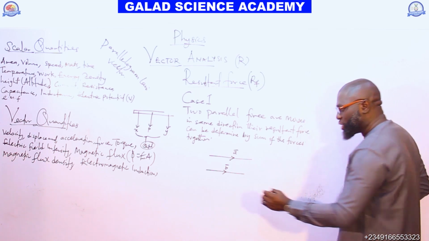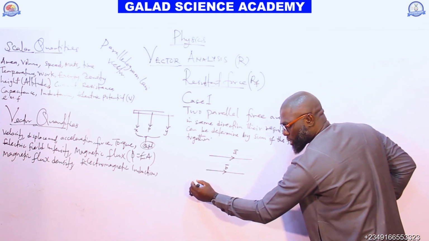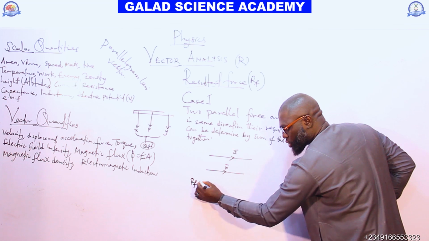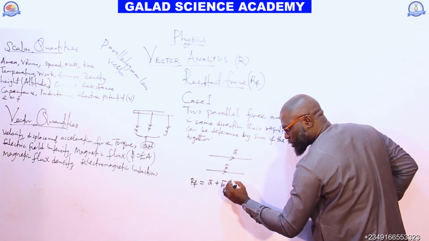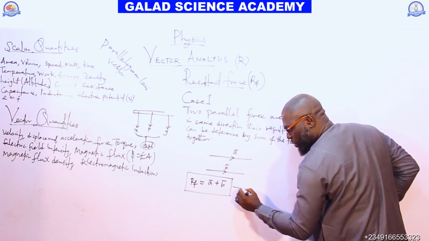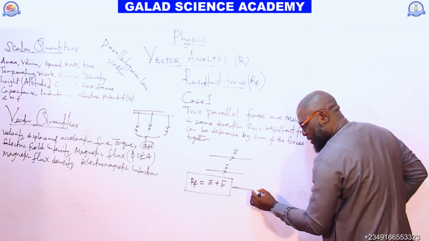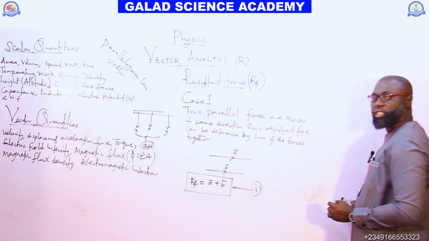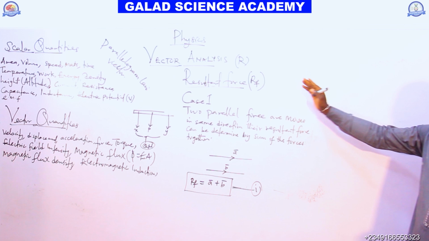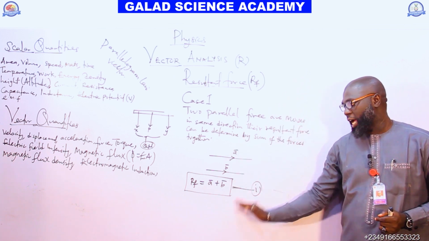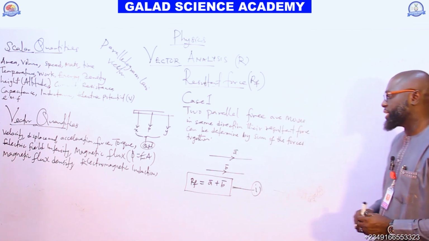We are now asked to find the resultant force. So the resultant force will be the sum of vector A and B. The two forces are parallel with each other.